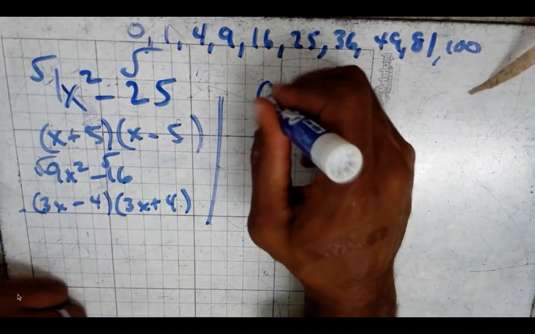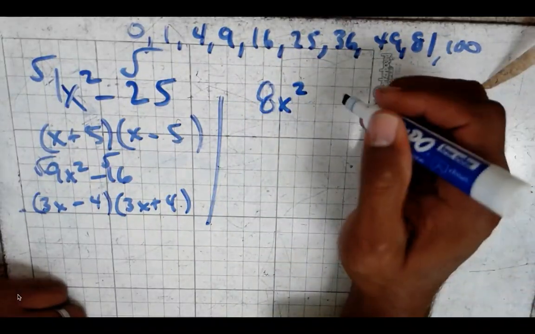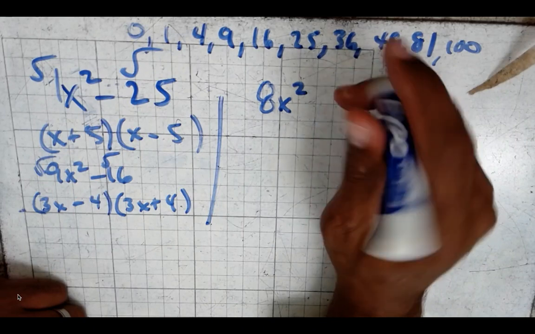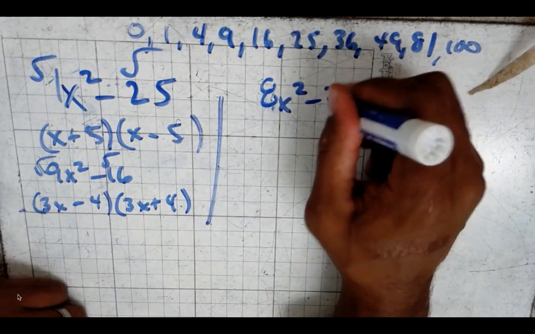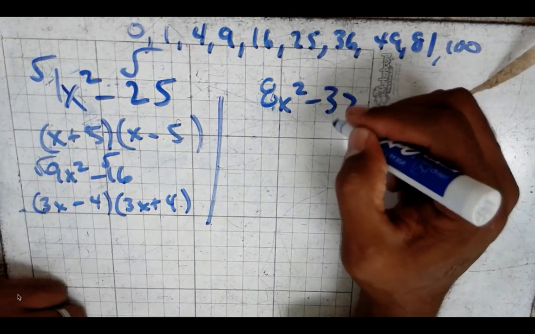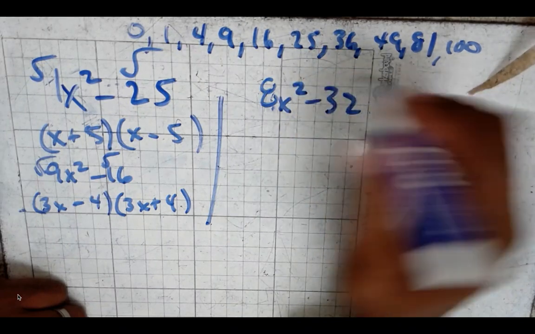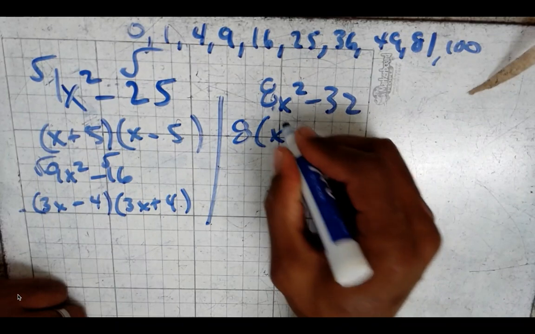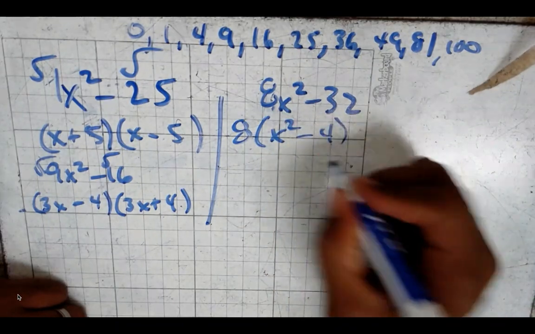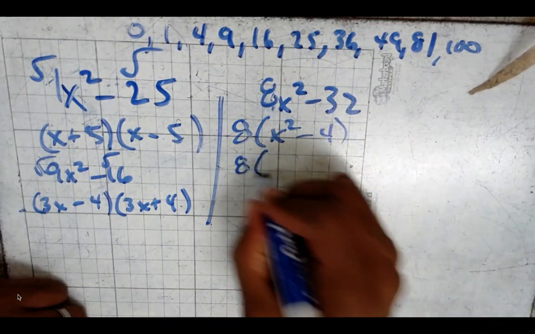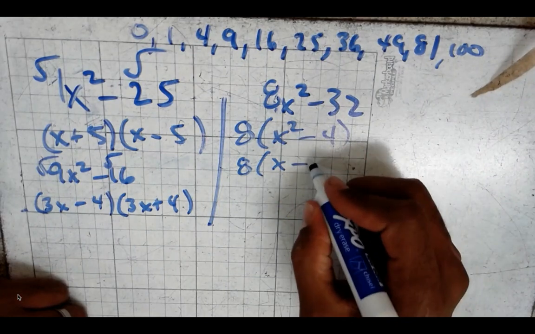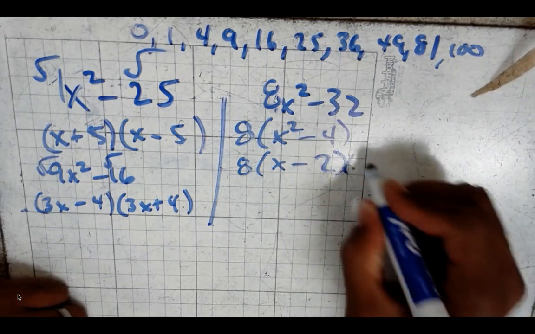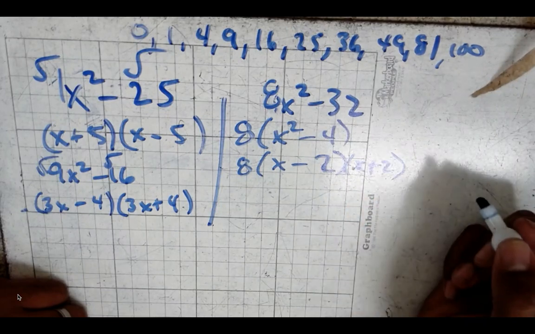So let's say I've got 8x squared minus 32, right? Well, I could factor out an 8 from both of those, and I get 8 times x squared minus 4, which means then I can square root both of these, and I get x minus 2 and x plus 2. Okay?